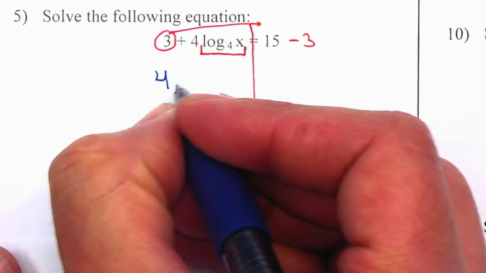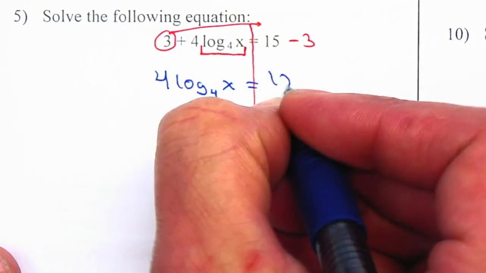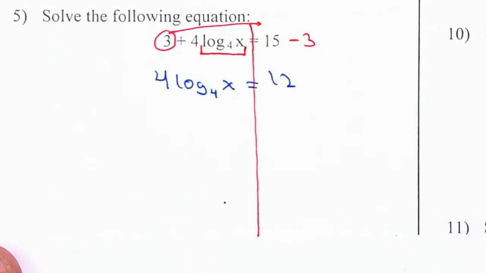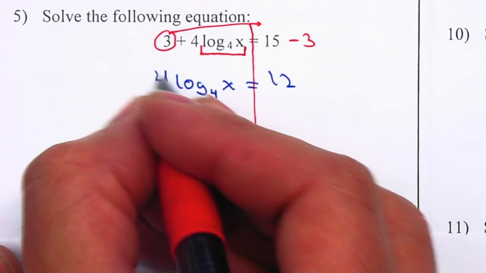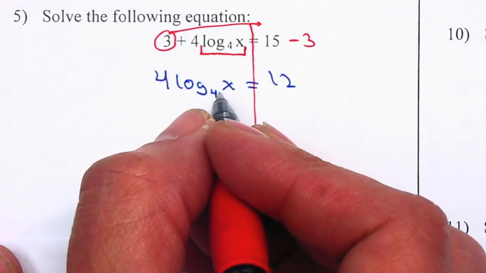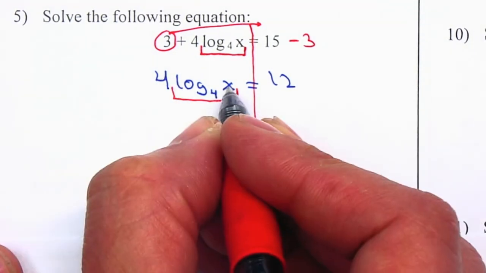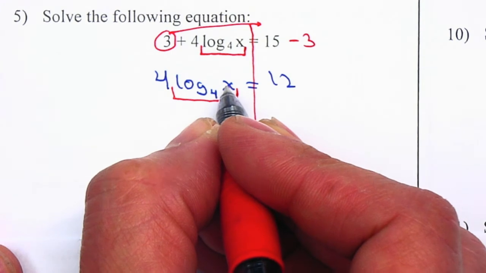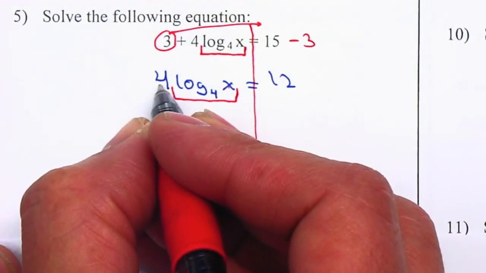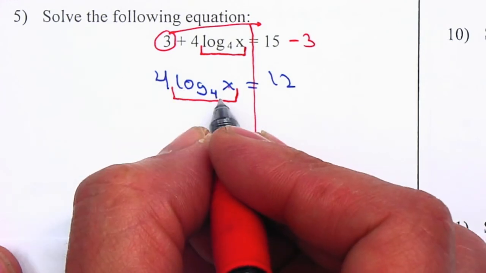That'll give me 4 log base 4 of x is equal to 12. Many of you guys are tempted to cancel the 4 in the log base 4. You can't. We want to leave this by itself. Now if the 4 was on the front, just look at example number 3, you can. But if it's on the left as a coefficient, you cannot cancel the 4 in the log base 4.